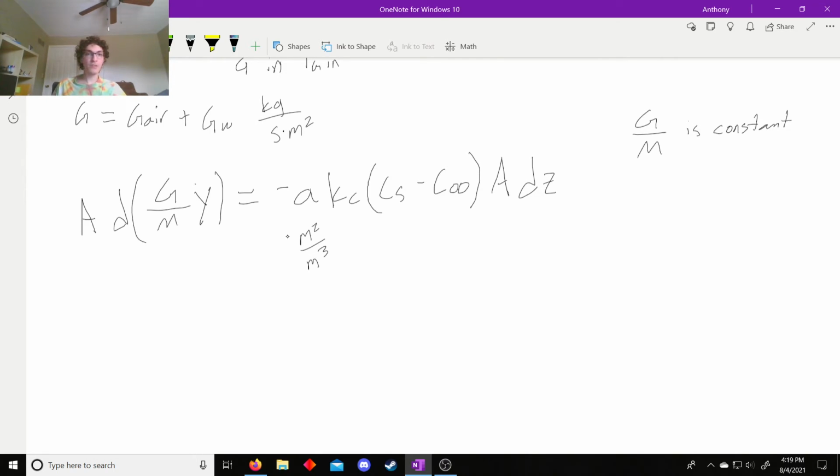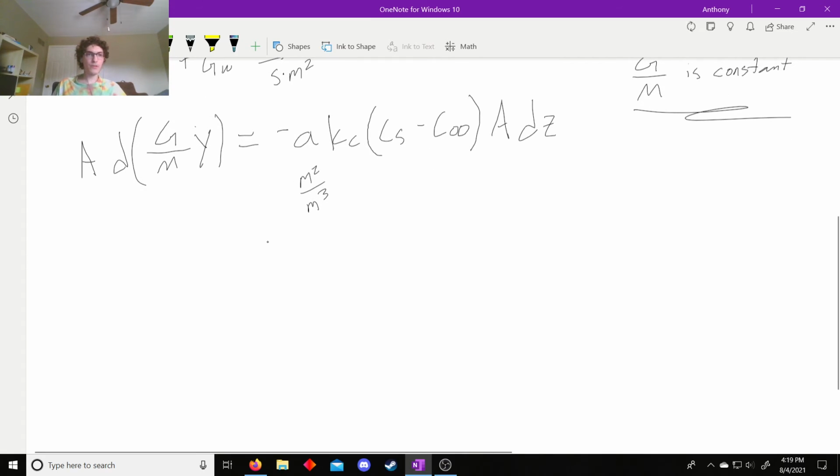And we did that just to make taking the derivative a little bit easier. We don't have to worry about the product rule or anything. So we're just going to make this assumption here. So these A's cancel. We can take G over M out. We have dy. We have negative A.